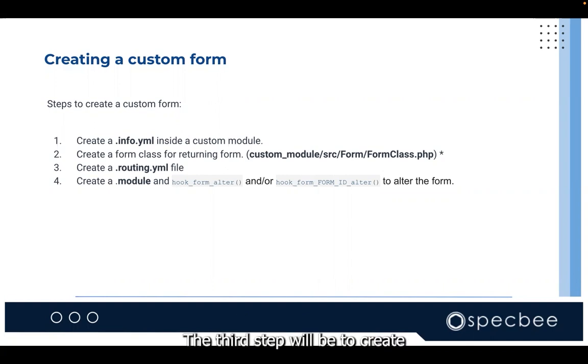The third step will be to create a routing.yaml. And the fourth step is also optional, in case we need to alter anything in forms. Okay, so we can use hook_form_alter or hook_form_FORM_ID_alter functions for any alteration.